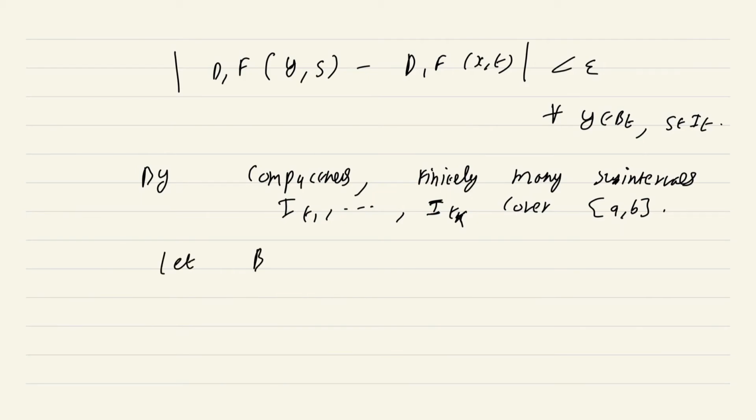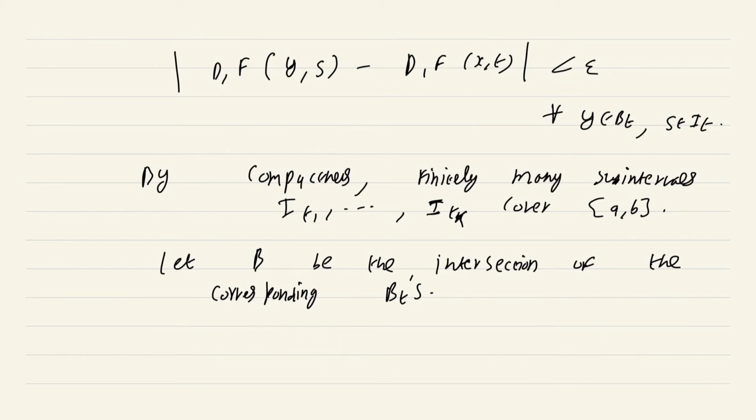Let B be the intersection of the corresponding BTIs, that is BT1 intersection BT2 up to BTK. So we have covered AB by finitely many open intervals, open in closed AB. I re-emphasize that.